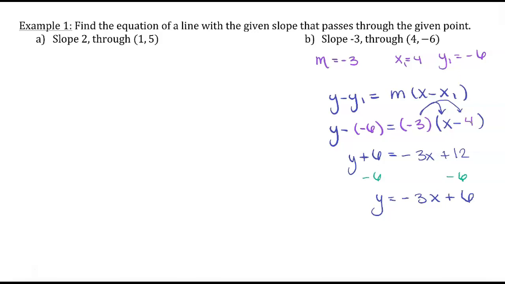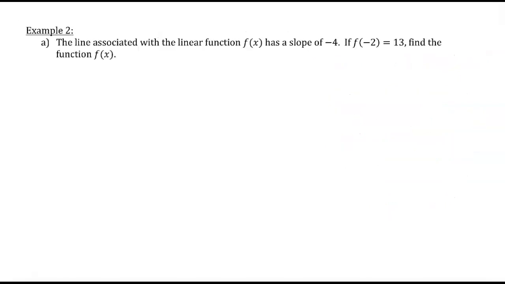Let's go on to example 2. In example 2, we are told that the line associated with the linear function f of x has a slope of -4. That is, m equals -4. If f of -2 equals 13, find the function f of x. This time, our point is given to us in function notation.